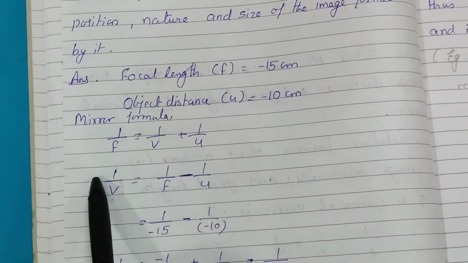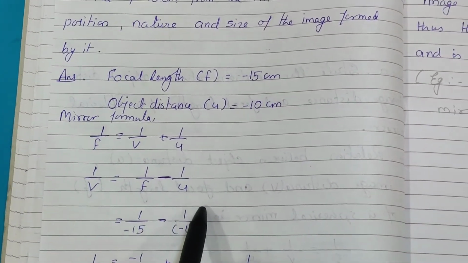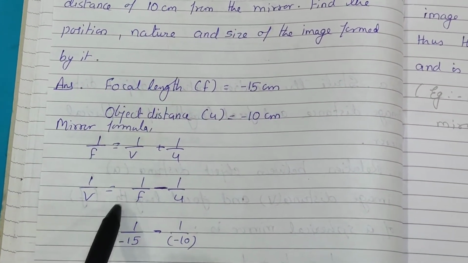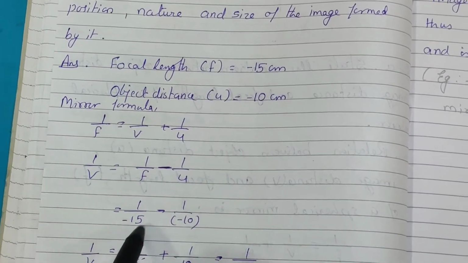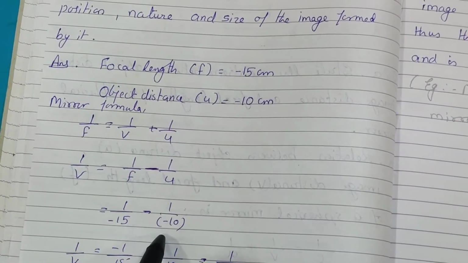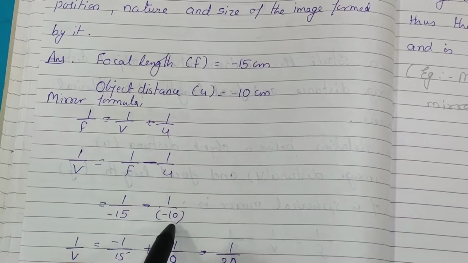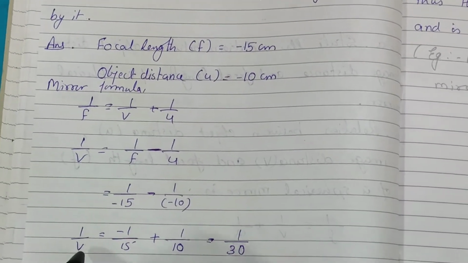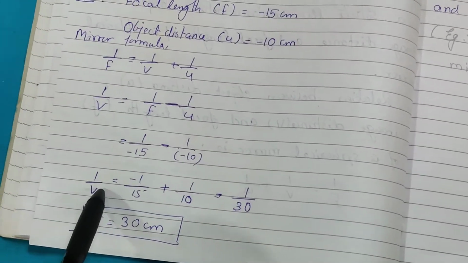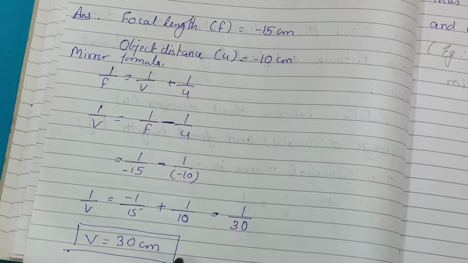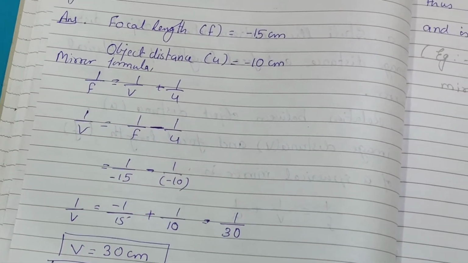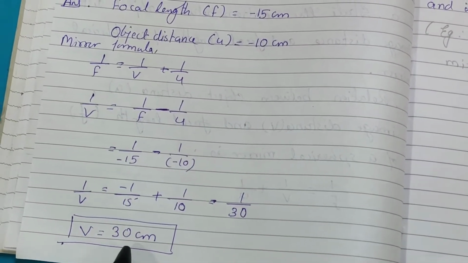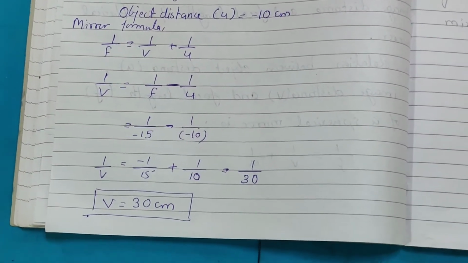So 1/v equals 1/f minus 1/u. The value of f is -15, and the value of u is -10. Minus minus will become plus. So 1/v equals -1/15 plus 1/10. Using this, we got v equals 30 centimeter.